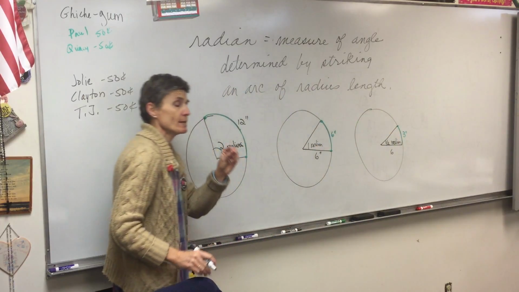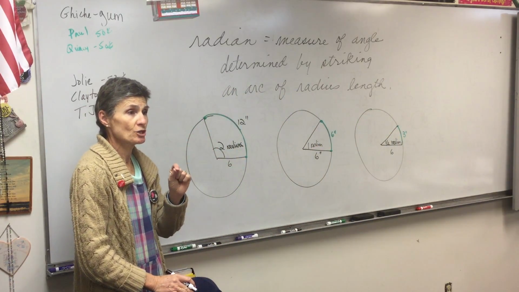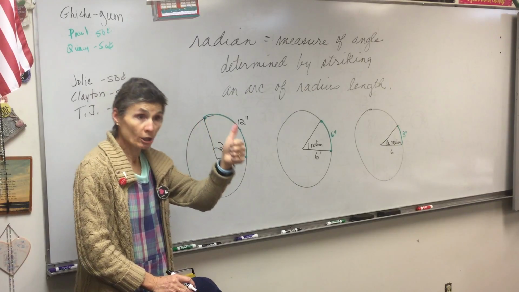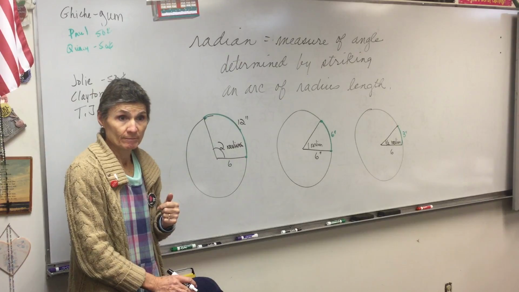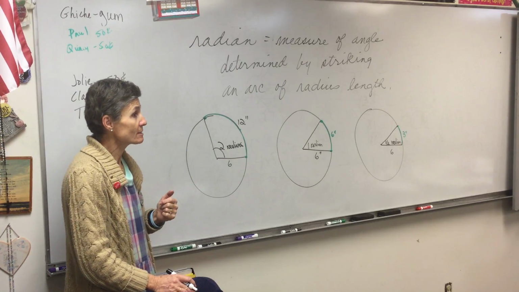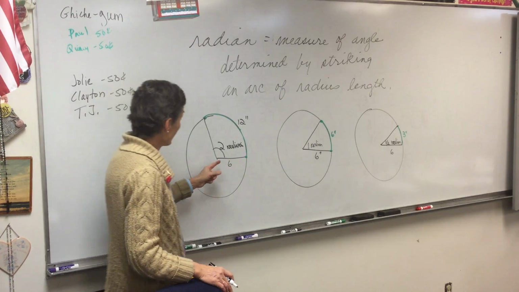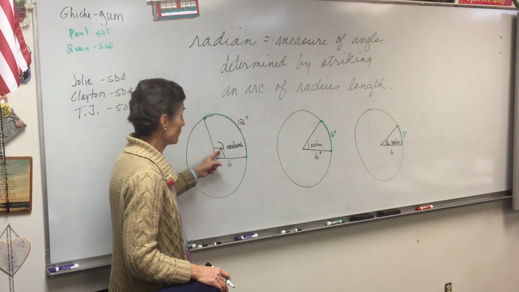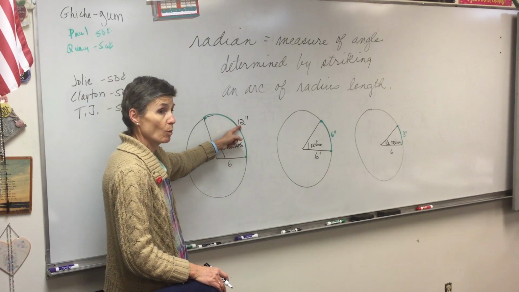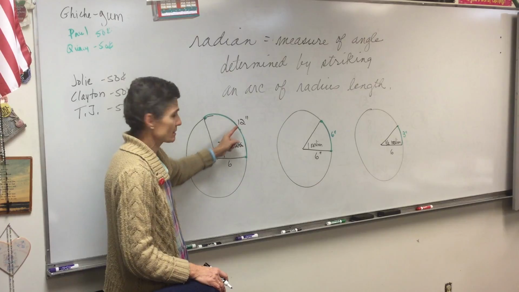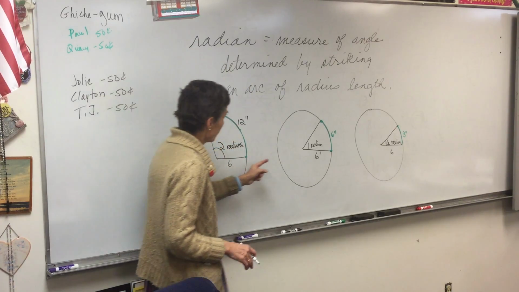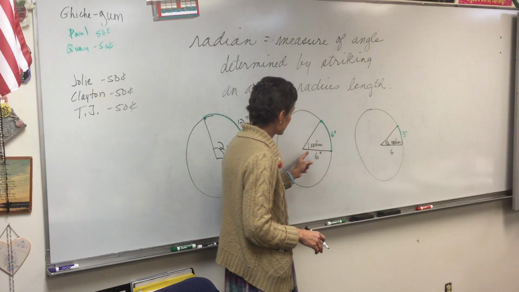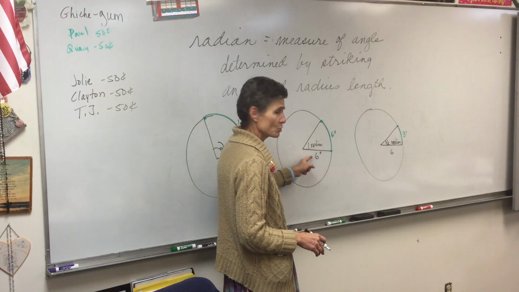You are discovering a very special relationship between the arc length, the radius, and the angle measure. Can you tell me what that relationship is? When the angle was 2 radians, the arc length was 12. How did you get that? 2 6s? When the arc length was 6 inches, the radian measure was 1.